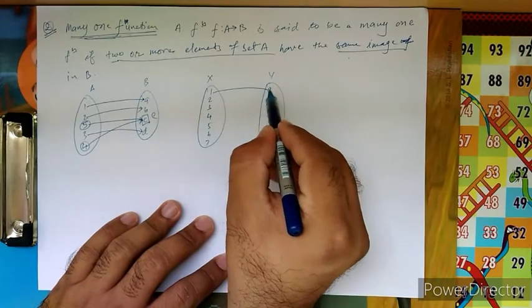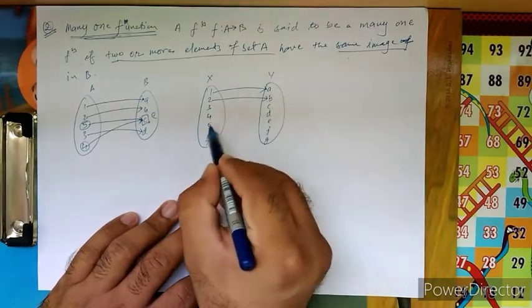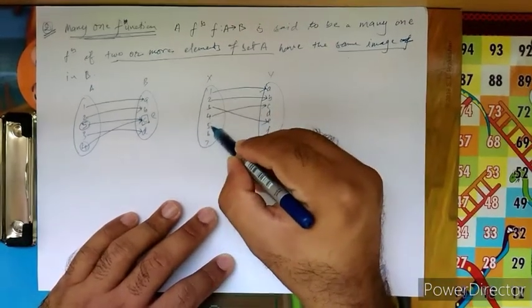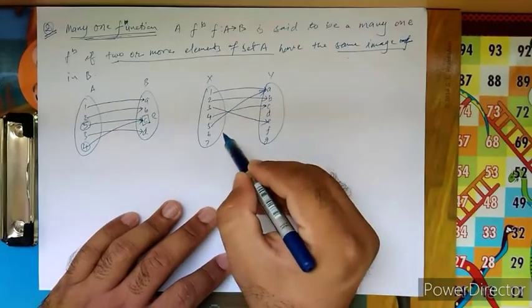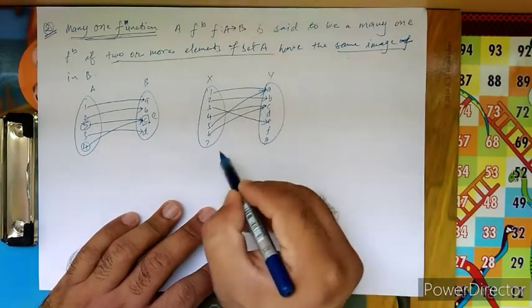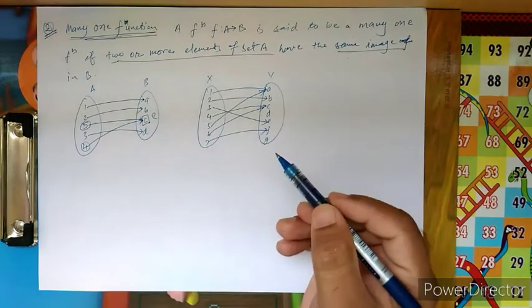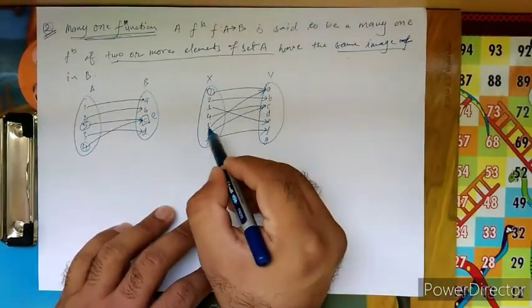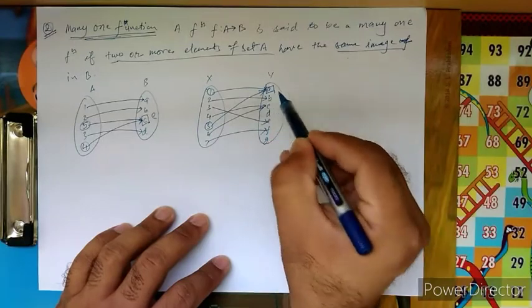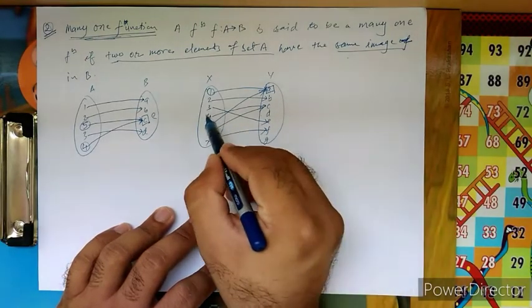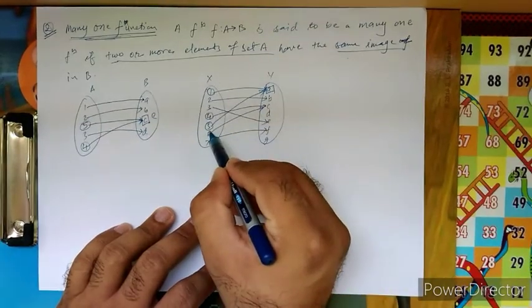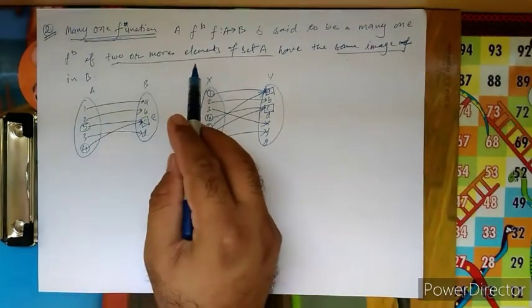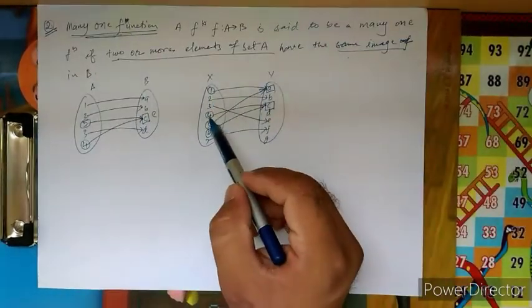From here we can see 1 and 5 have the same image A, and 4 and 6 have the same image C. So two or more elements of set A have the same image.